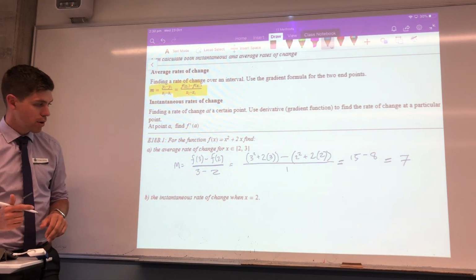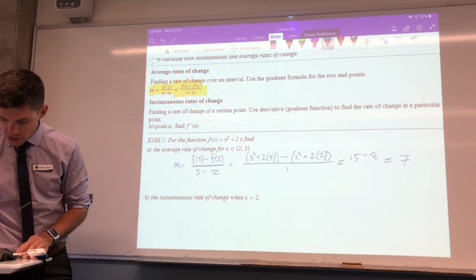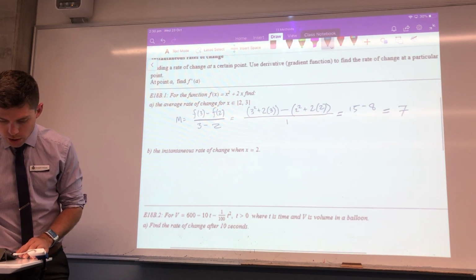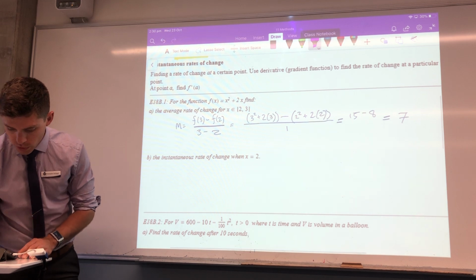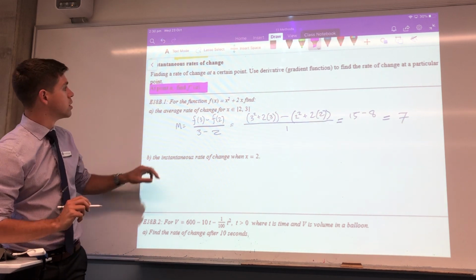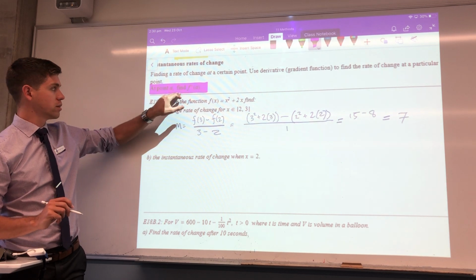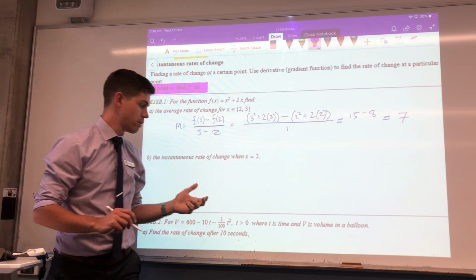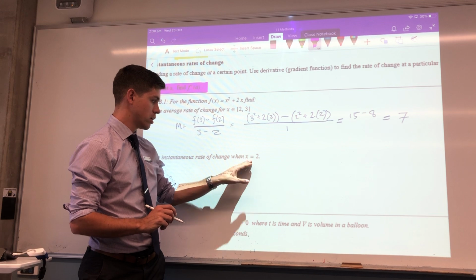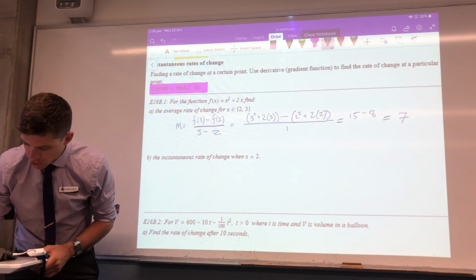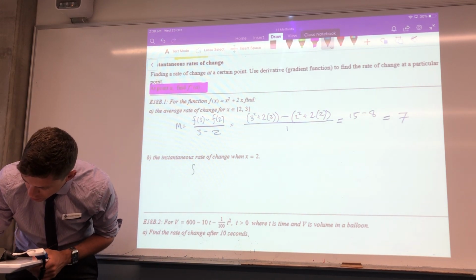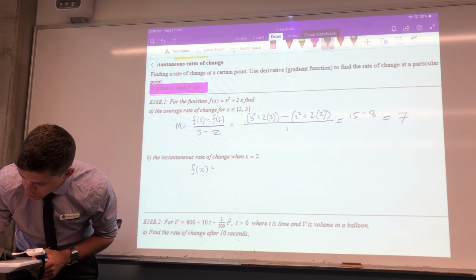Let's look at the instantaneous rate of change when x equals 2. For this, we want to use our derivative function and then substitute in the x value that we want to find the derivative at that particular point, x equals 2. So the function, let's just write it down again, f of x equals x squared plus 2x.